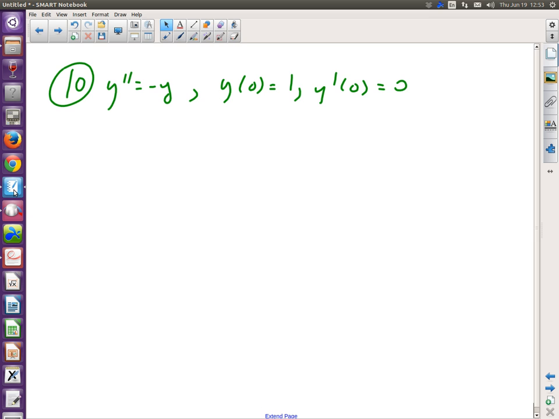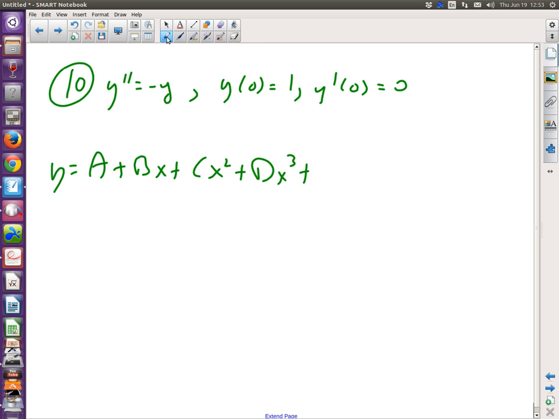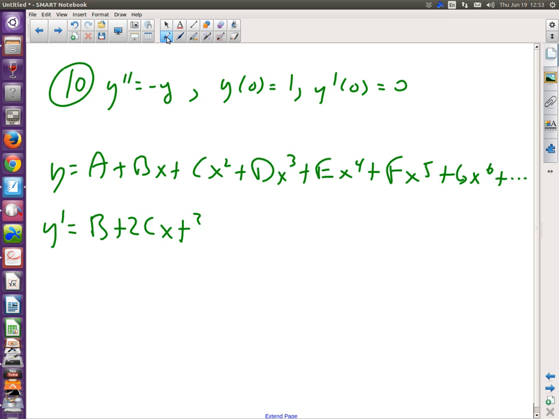All right, so y equals a plus bx plus cx squared plus dx cubed plus ex to the fourth plus fx to the fifth plus gx to the sixth. And you can add on more terms if you need them, or have fewer terms if we don't need them. Now we're trying to equate y double prime with the opposite of y, so we need y prime to get y double prime. Y prime is b plus 2cx plus 3dx squared plus 4ex to the third plus 5fx to the fourth plus 6gx to the fifth plus forever.